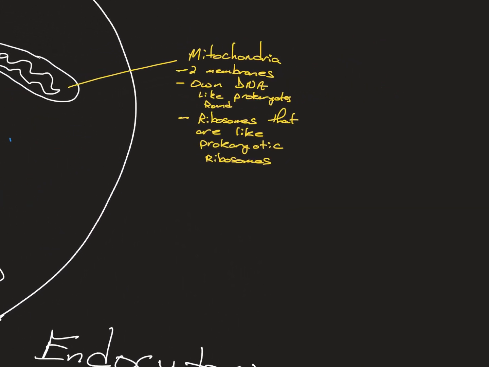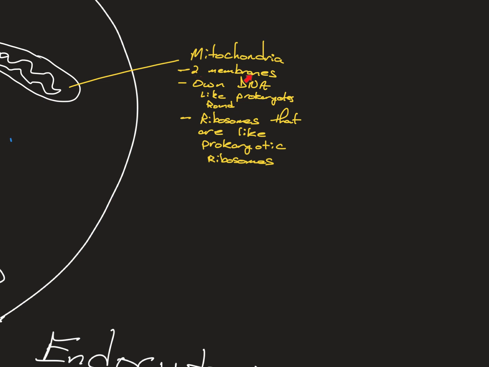So mitochondria, let me quickly go over it one more time. Two membranes, their own DNA. Remember, we get our DNA from our parents. So they have their own DNA. In fact, this DNA only follows the mom. So we have followed what's called mitochondrial Eve.